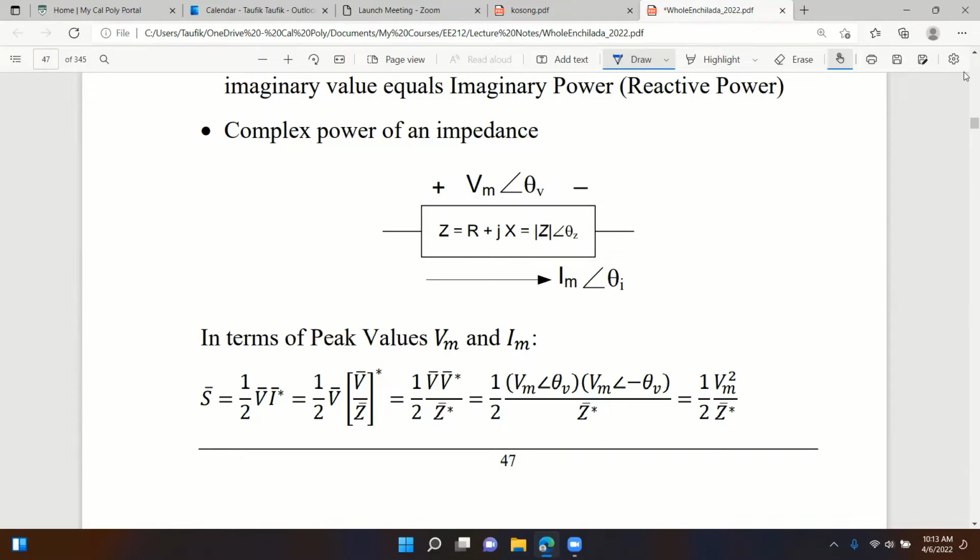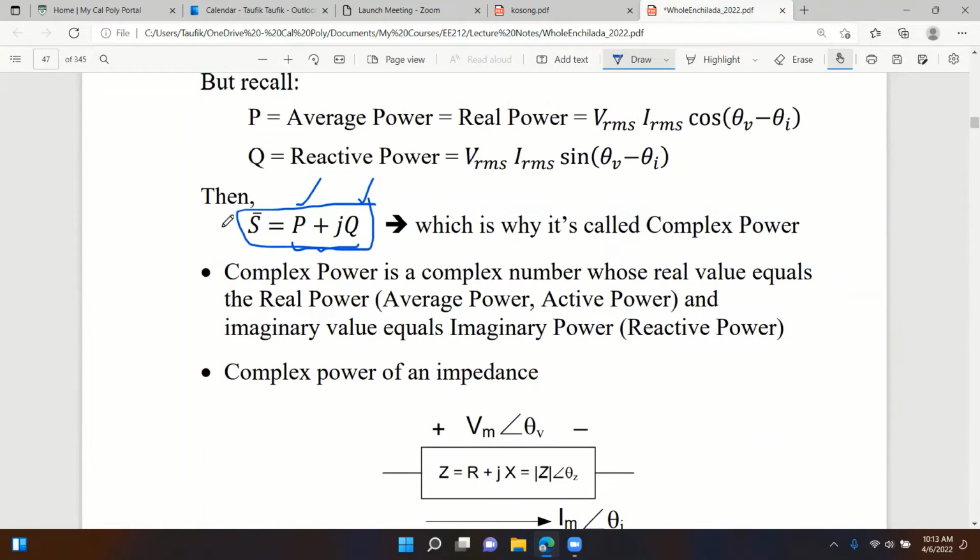So now, the fact that complex power is a complex number means we should be able to convert it into polar form.